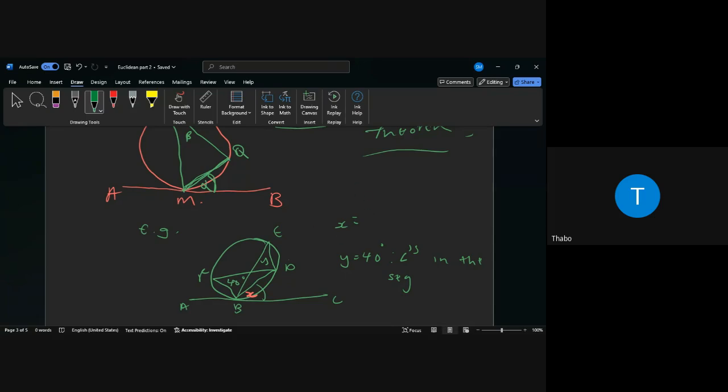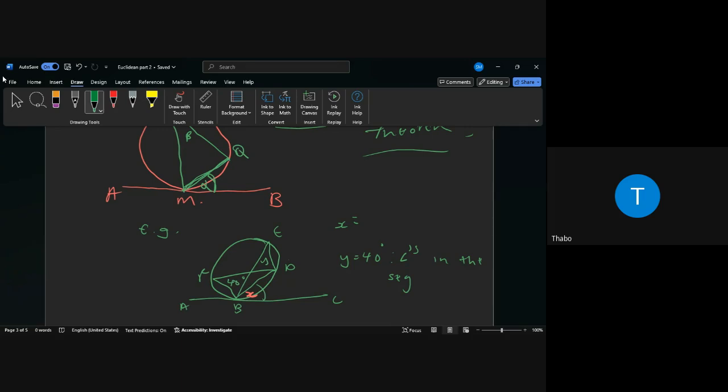Then how much is X and what's the reason? Guys, how much is X and what's the reason? What's the reason angle X is equal to whatever it is?